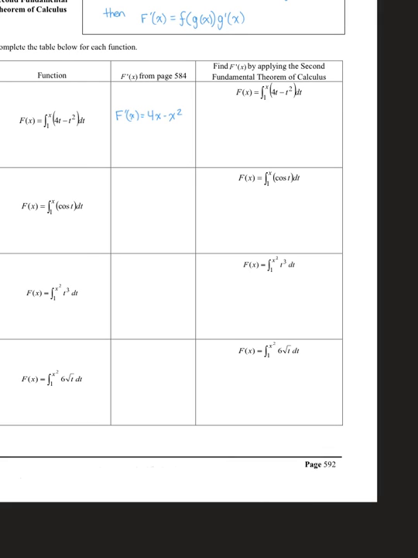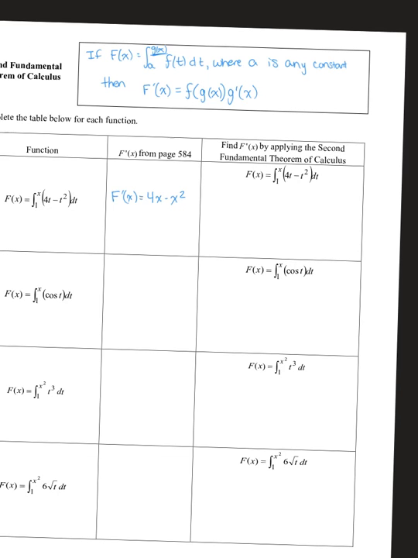So remember that the second fundamental theorem of calculus has to have this g of x up top. Okay. If it doesn't, we have to do some switching around. So to find f prime, the x here is our g of x, and this inside here, that is f.